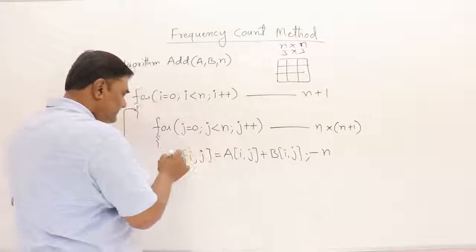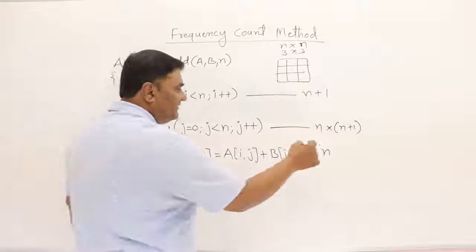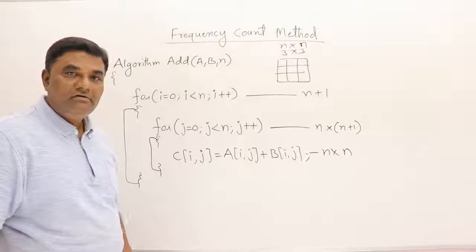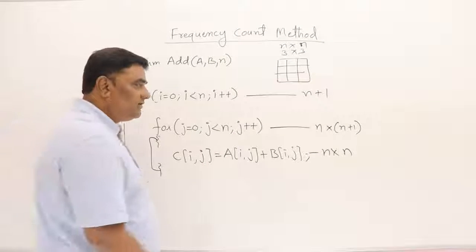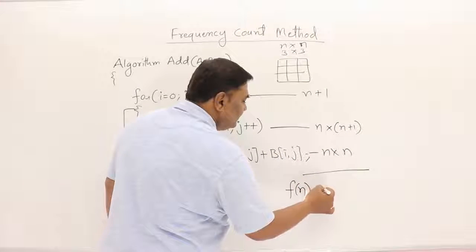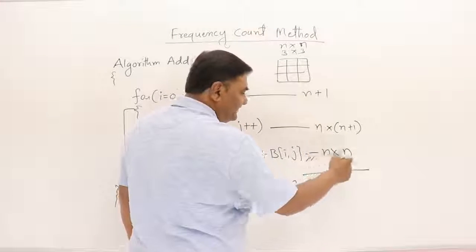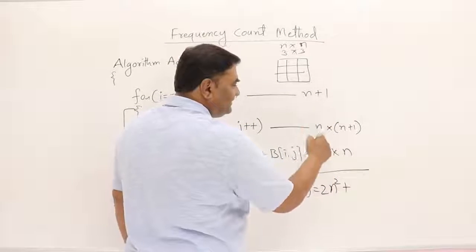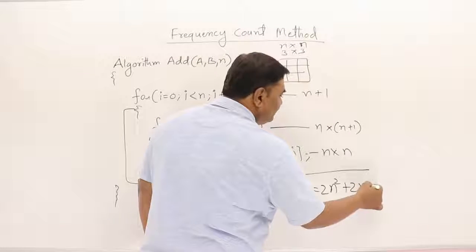Then whatever is inside this one will execute for n times. That's it. Now what is the time taken by this one? F of n is n square, 2n square plus n and n, so 2n plus 1.